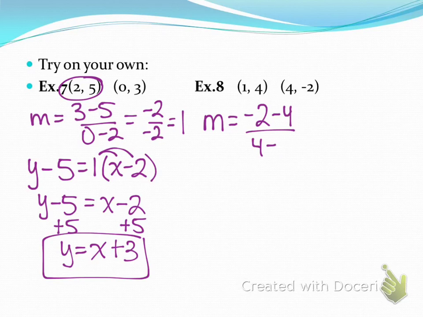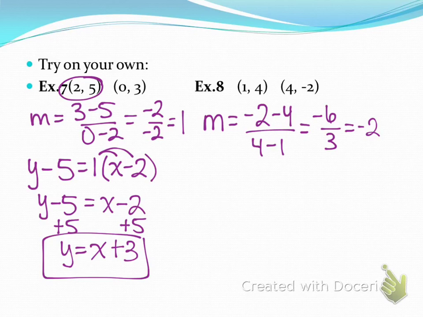Okay, what is negative 2 minus 4? Negative 6. And 4 minus 1 is, what is that simplified to? Whoop, our bigger number's on top. Negative 6 divided by 3. Positive or negative? Negative 2. Alright, so our slope is negative 2.